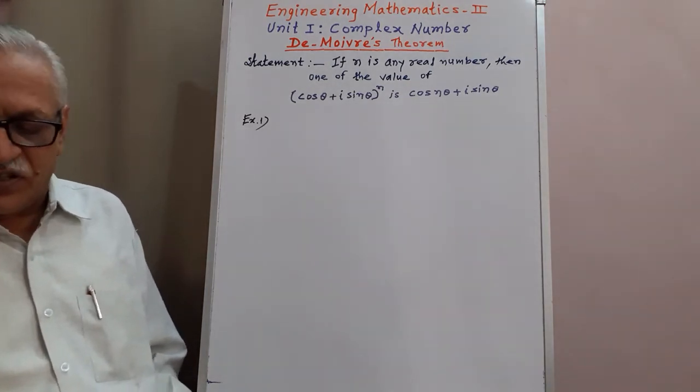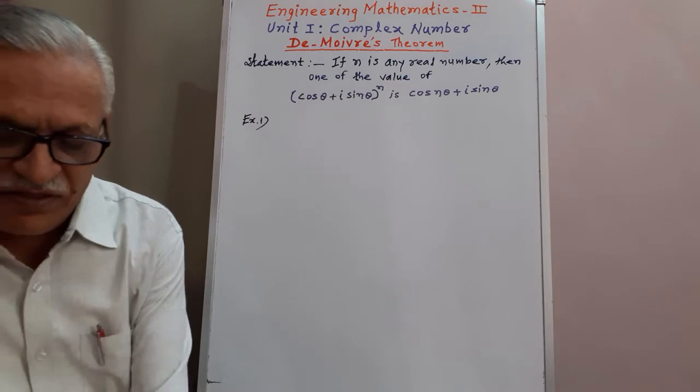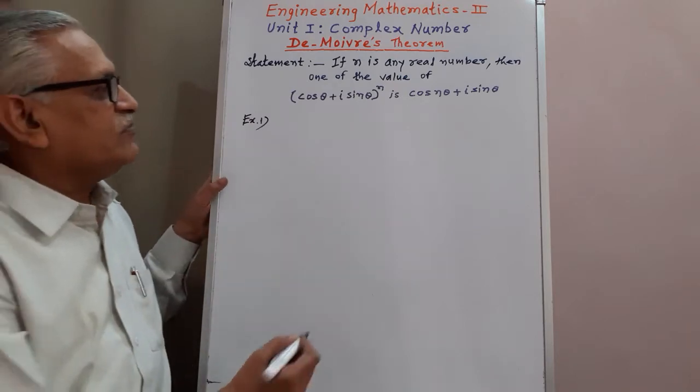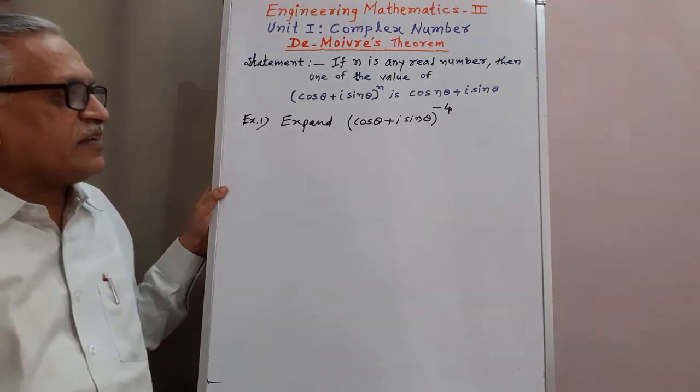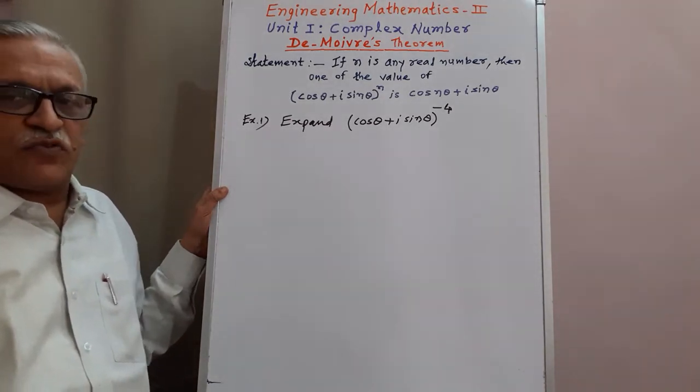Let us see an example on De Moivre's theorem. Expand (cos theta plus i sin theta) raised to minus 4.